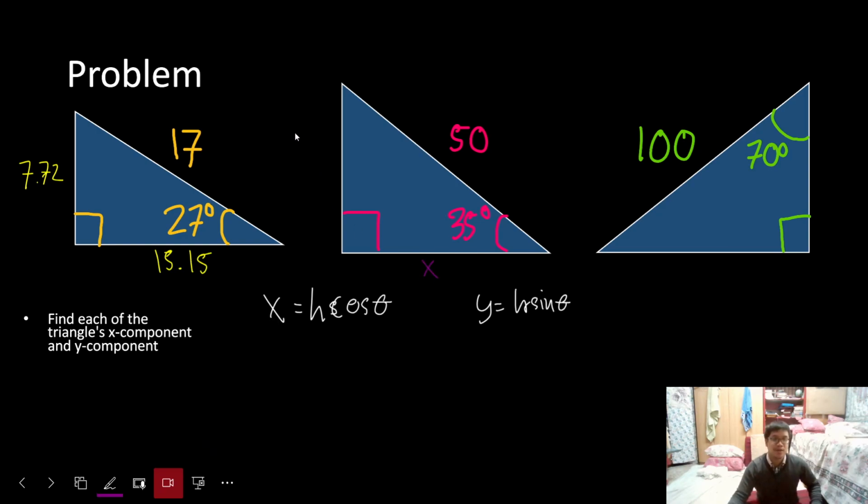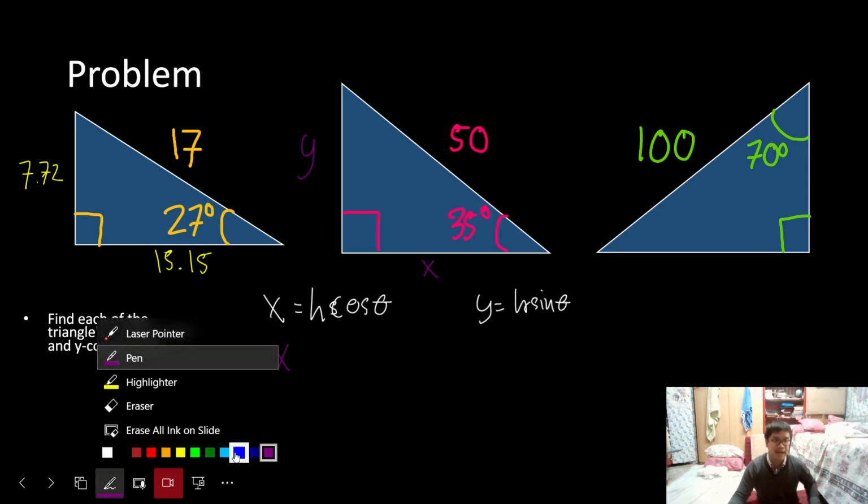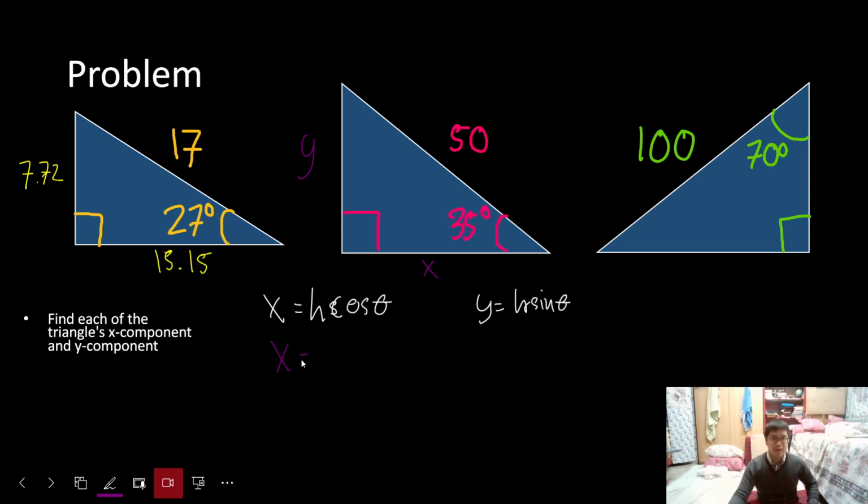So x is here and y is here. I hope my handwriting is visible because I think this is the only color that I can relate to this triangle. So x is equal to your hypotenuse 50 times cosine 35 degrees.